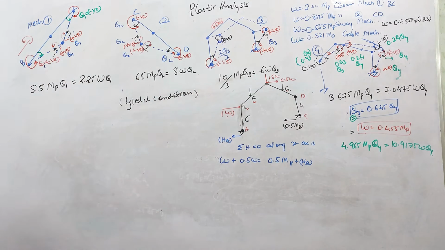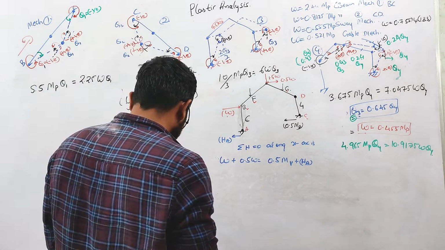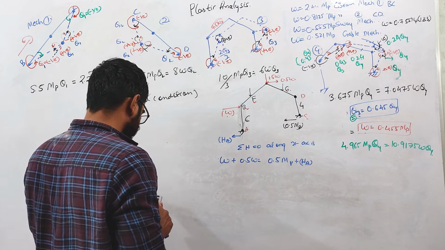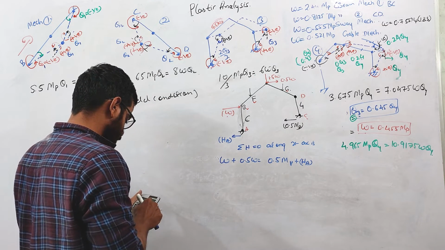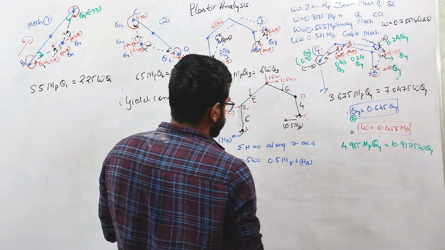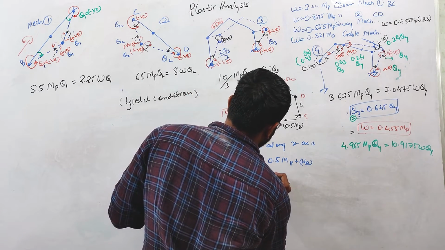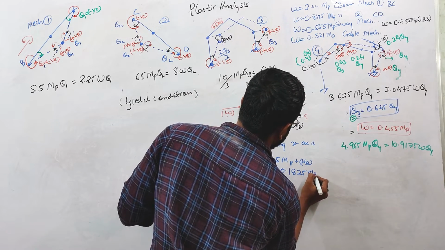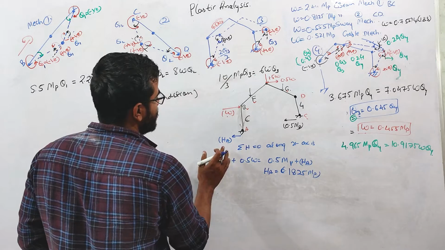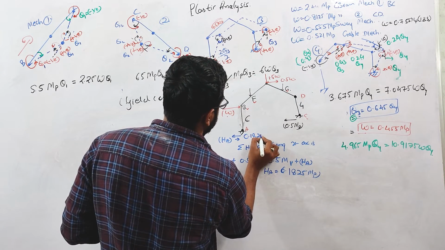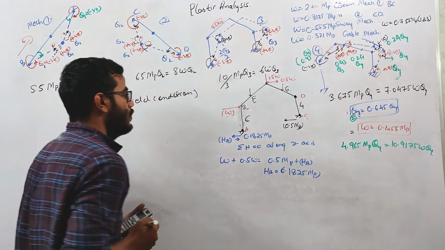So HA, from here, comes out to be 1.5 into 0.445 minus 0.5, that is 0.1825 MP.